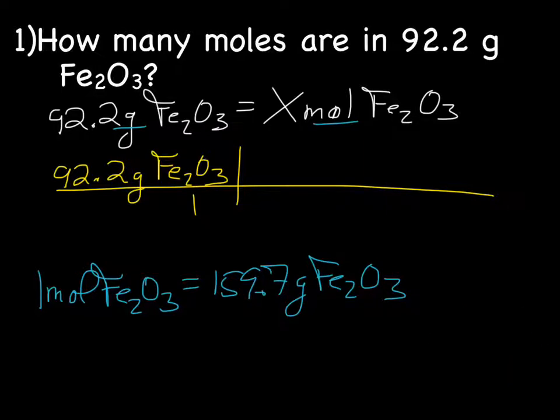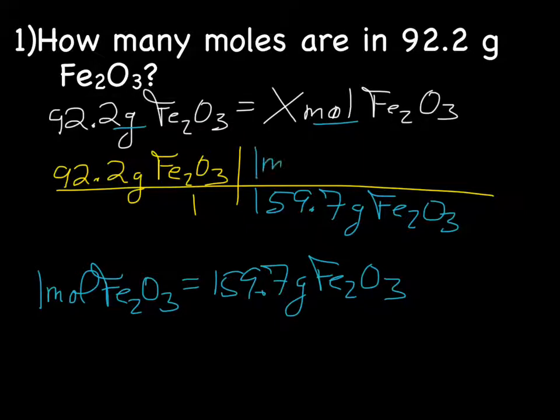Okay, now we got to put these in our grid. And this time I'm going to put the grams on the bottom because grams is already on the top. So you can cross it out, 159.7 grams Fe2O3. I forgot to talk about sig figs. Well, each of our measurements had 4 sig figs, so we should have 4 sig figs in the answer.